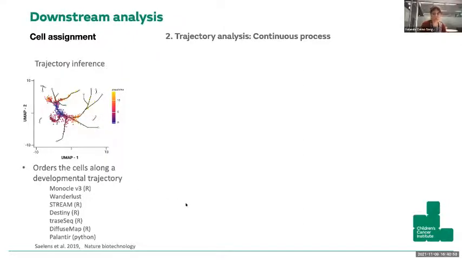So maybe it's a good way to start, but it's always also good to try two trajectory analysis, at least to see if you get the same type of result.